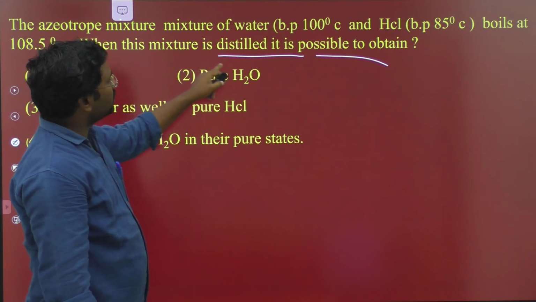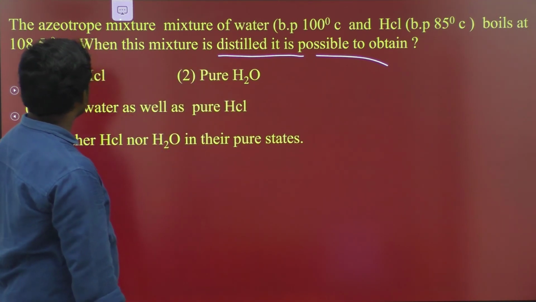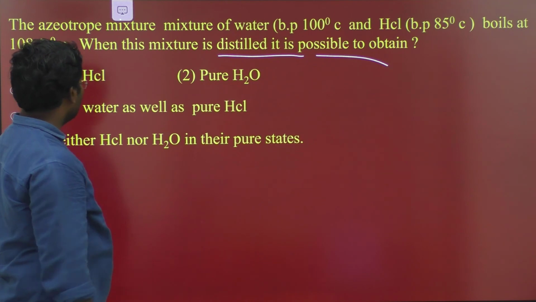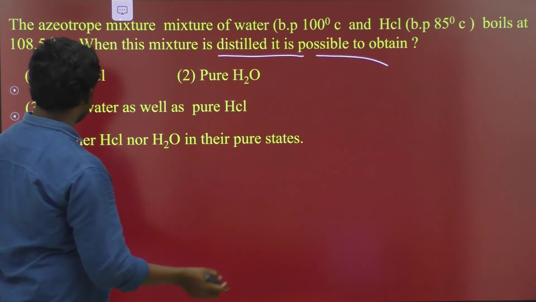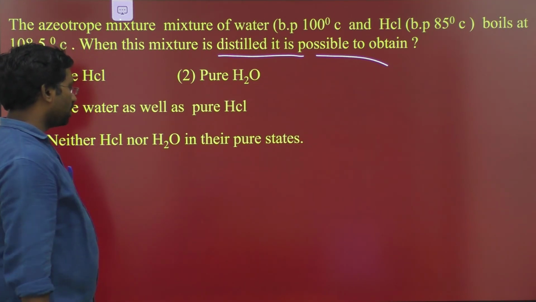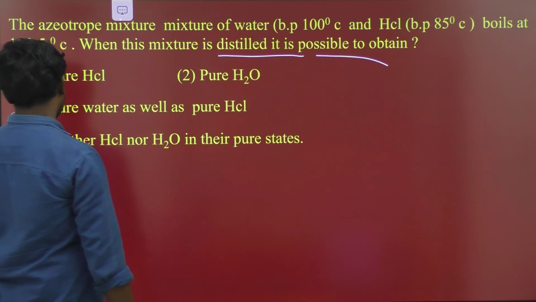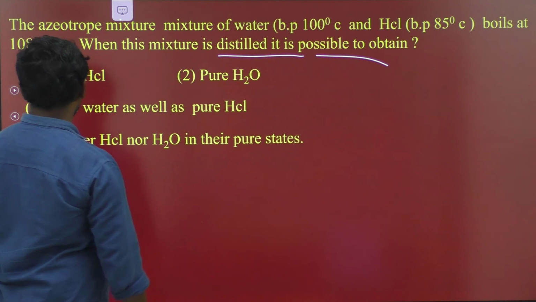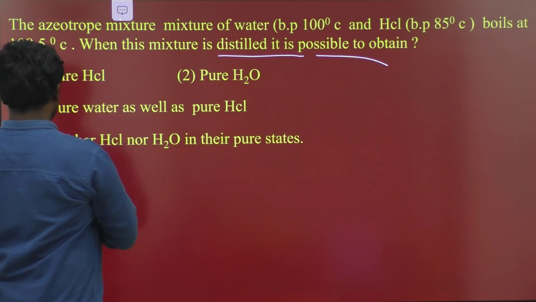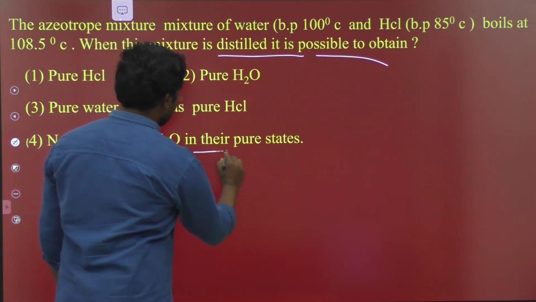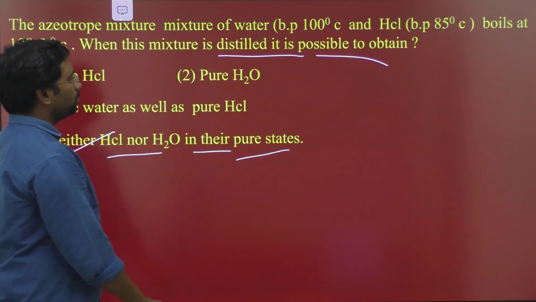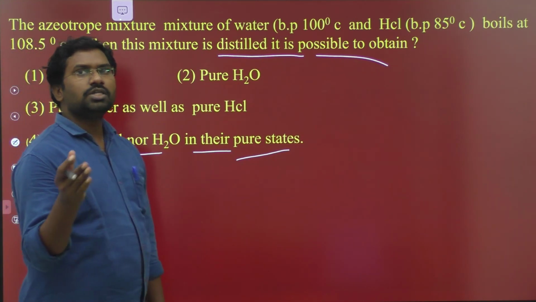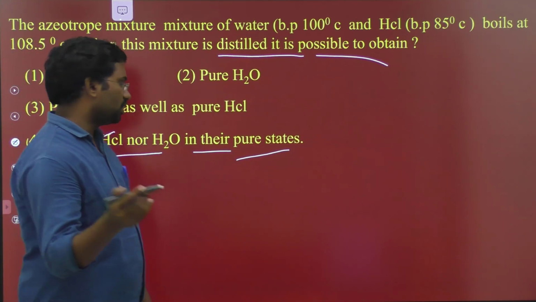When this mixture is distilled, it is possible to obtain pure HCl, pure water, or neither HCl nor H2O in their pure states. Neither HCl nor H2O in their pure states. Okay, this is the right answer, because these azeotropic mixtures boil at constant temperature.